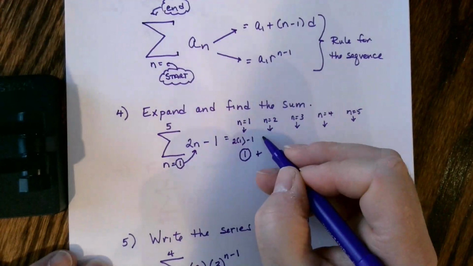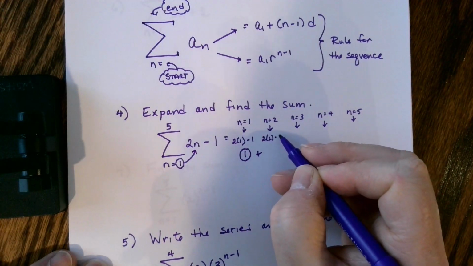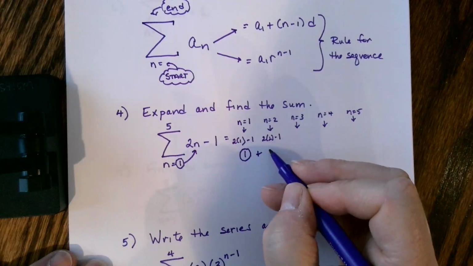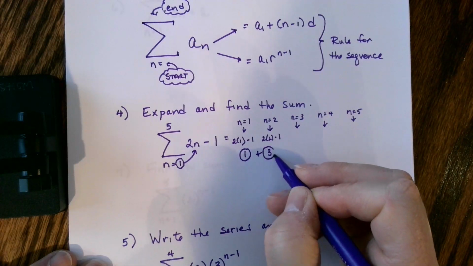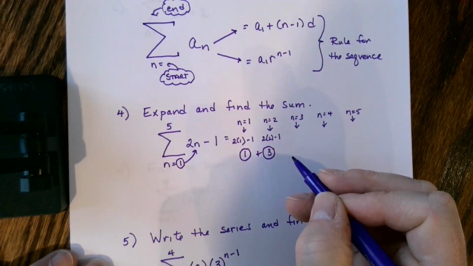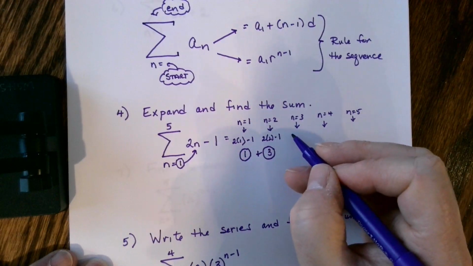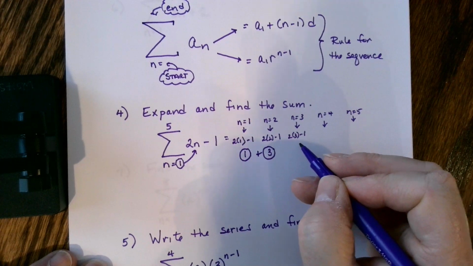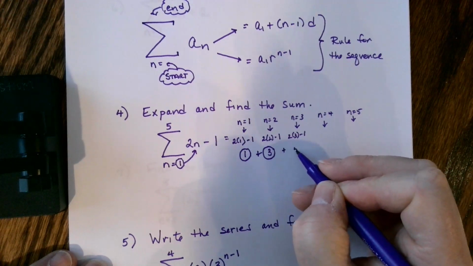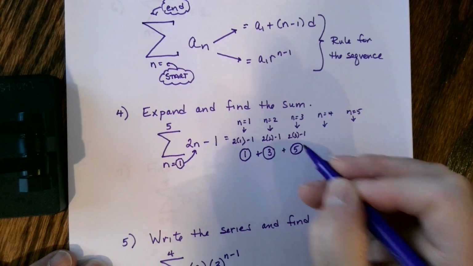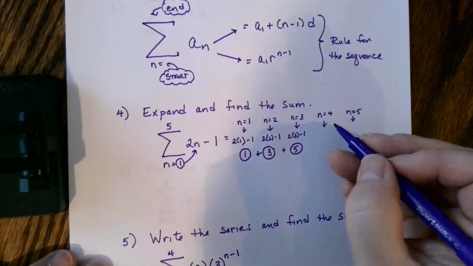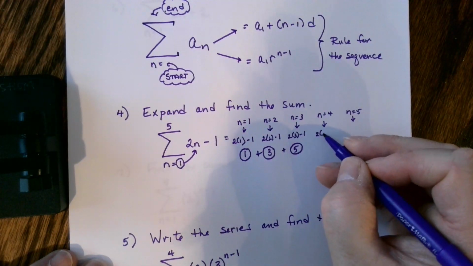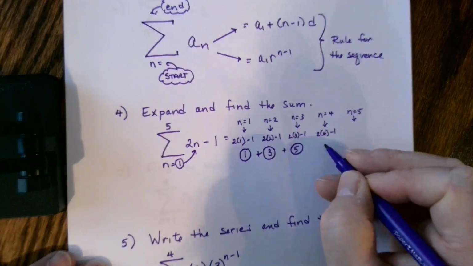So this would become 2 times 2 minus 1, which would be 4 minus 1, or 3. That's the value of my second term. My third term would be 2 times 3 minus 1, 6 minus 1, which is 5. My fourth term would be 2 times 4 minus 1, which is 7.